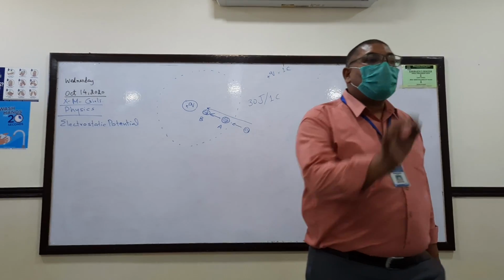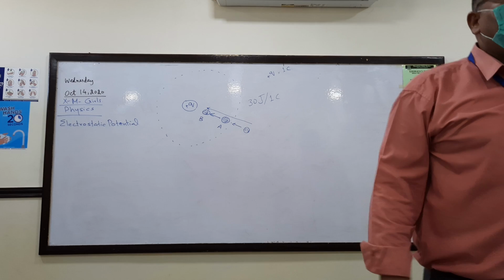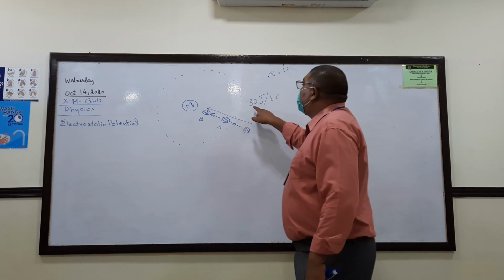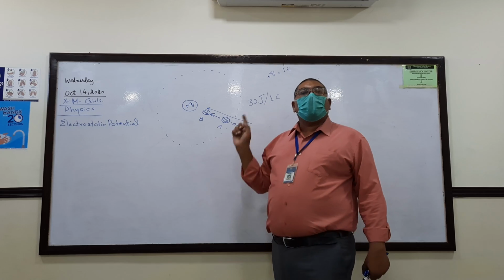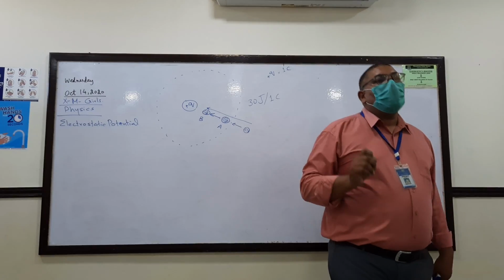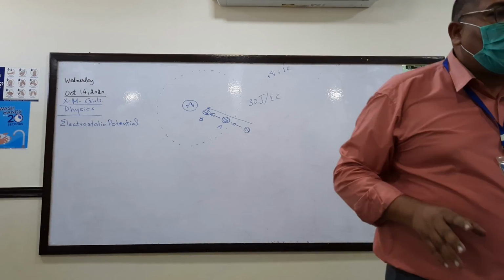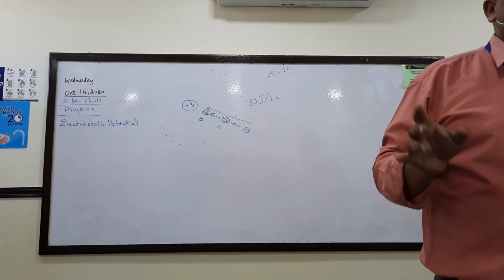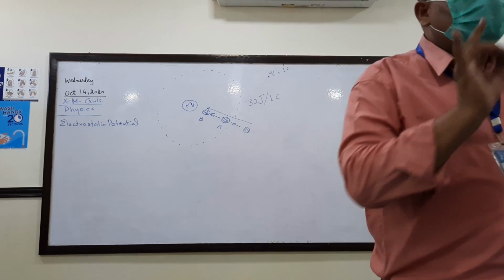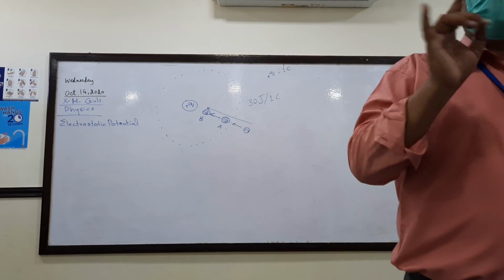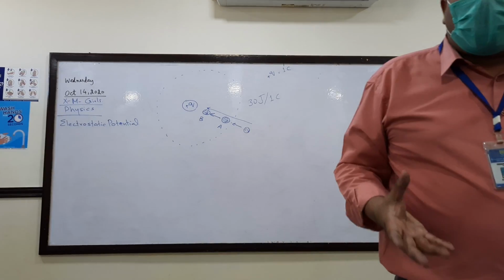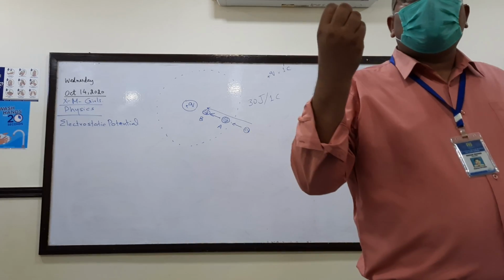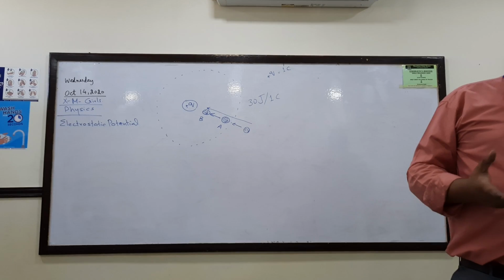So what will be the voltage at the point B? 30 joules per coulomb. The work you did to move the unit positive charge from infinite distance to a certain point inside the electric field, that work per unit charge is called electric potential.